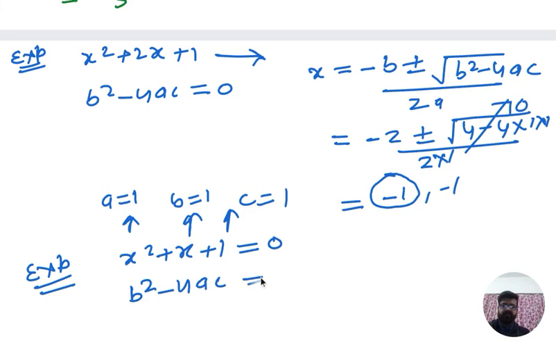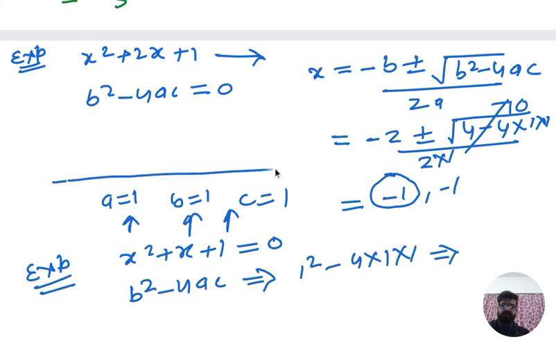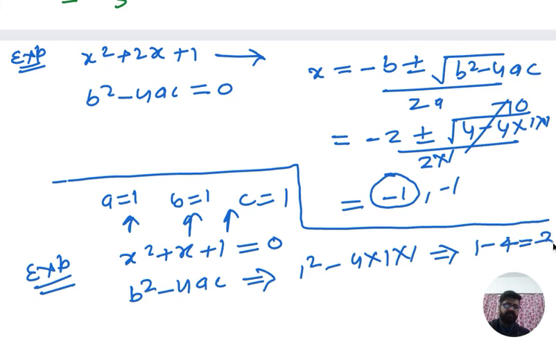So we will find out the value of b square minus 4ac: 1 square minus 4 into 1 into 1. So the value comes 1 minus 4, that is minus 3.